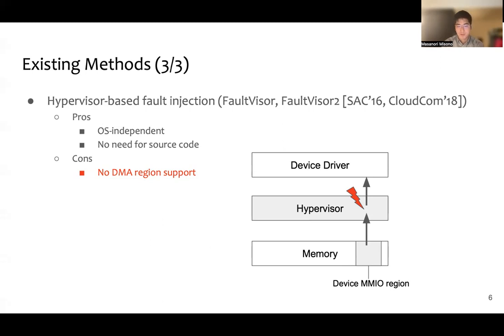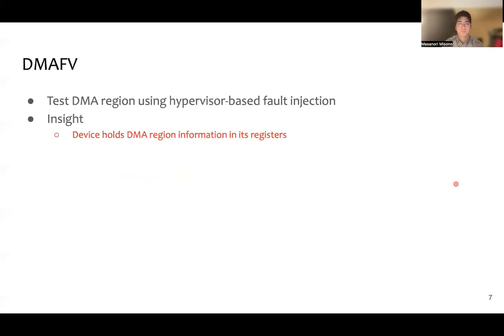Therefore, a hypervisor cannot detect the DMA region easily, and testing the DMA area was not supported in these studies. In this study, we propose a novel way to test device drivers against DMA faults using hypervisor-based fault injection.